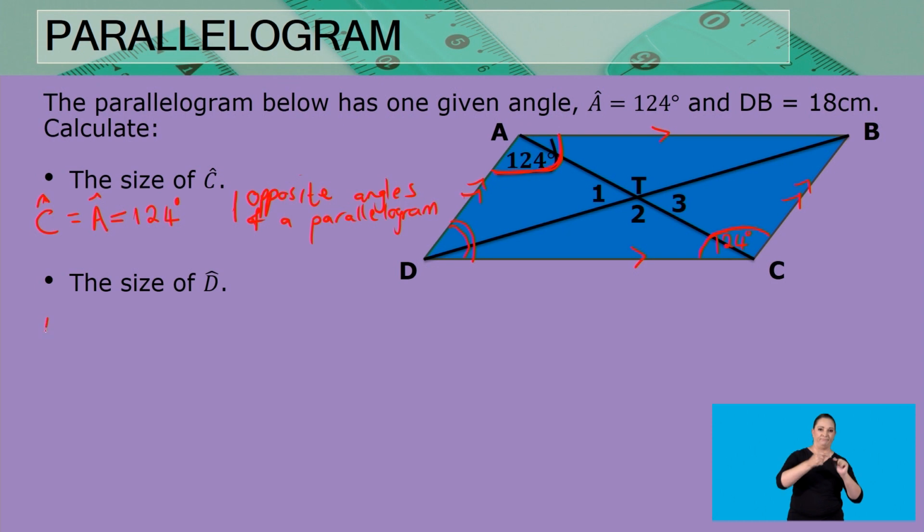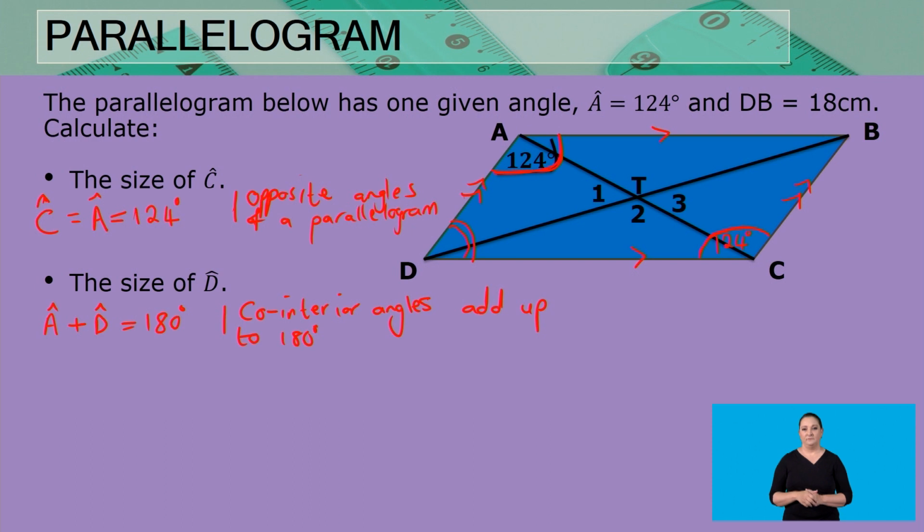So we can say here that angle A plus angle D is equal to 180 degrees, because they are co-interior angles, and we know that co-interior angles add up to 180 degrees, and this is only possible because of those parallel lines.